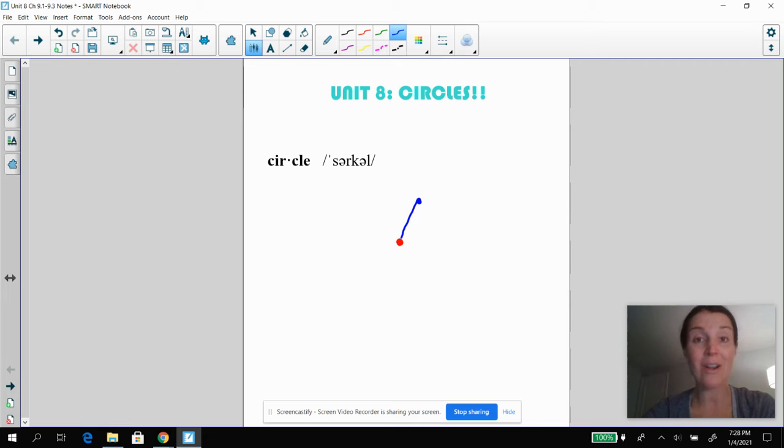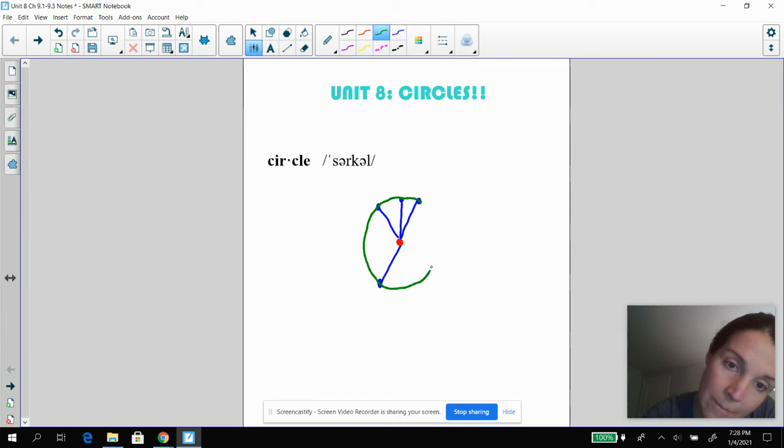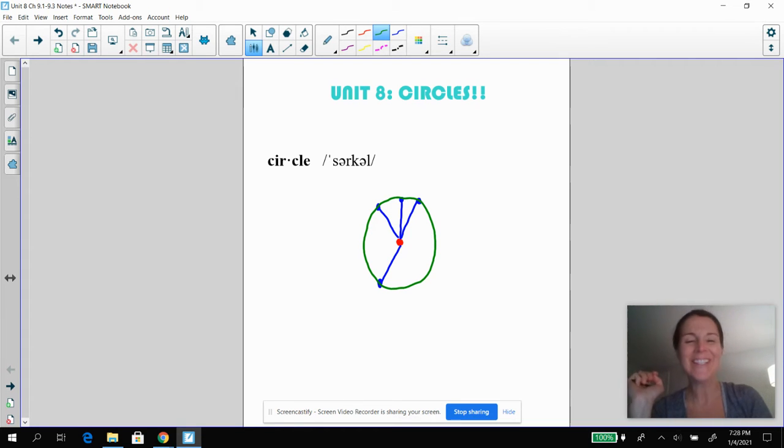But technically, there are an infinite number of points that are this same distance from this red point. So I could draw a little line here, another one here, another one here. So there are an infinite number of points. The connection between those points, just pretend this is perfect, not an oval, that set is what a circle is.